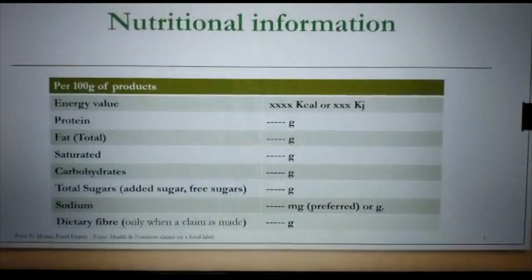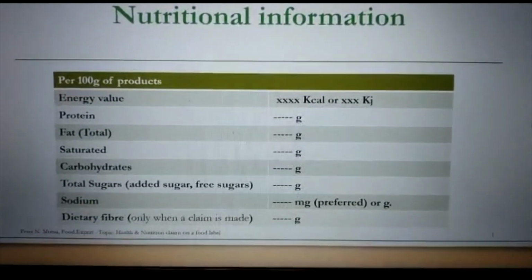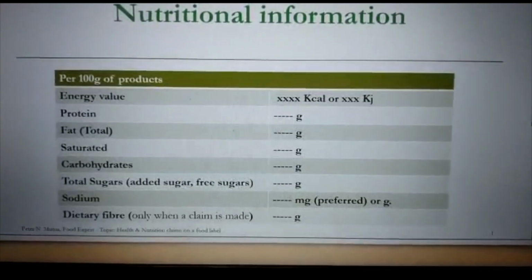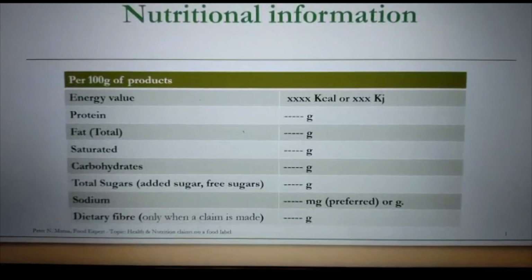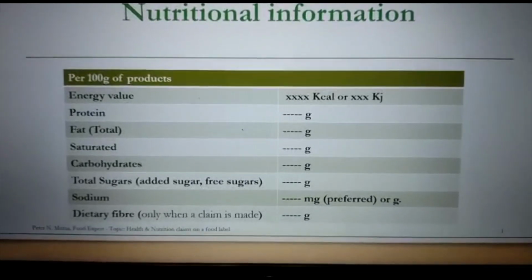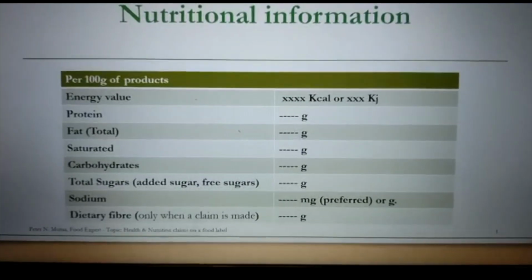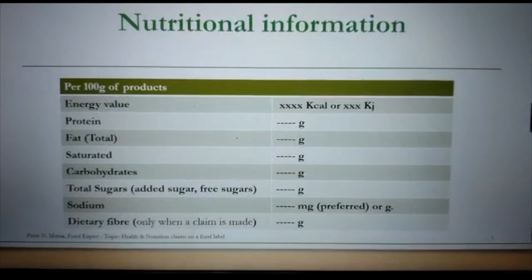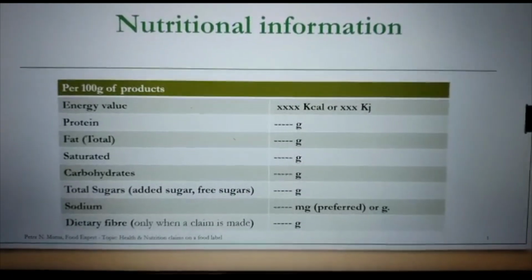What that means is that when we go to the nutritional information table, it should be complete. And completeness means it must declare the energy value, protein, fat, saturated fat, carbohydrate, total sugars, and sodium. These are mandatory. All these nutrients should be seen on the nutritional information. You should not choose one or two and assume you have declared the nutritional information of that product.